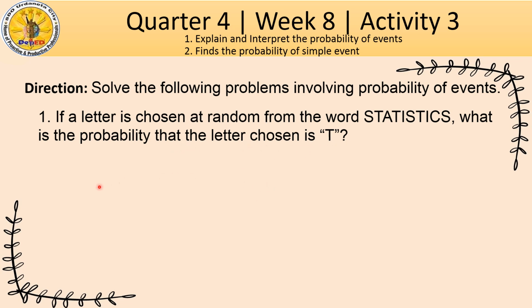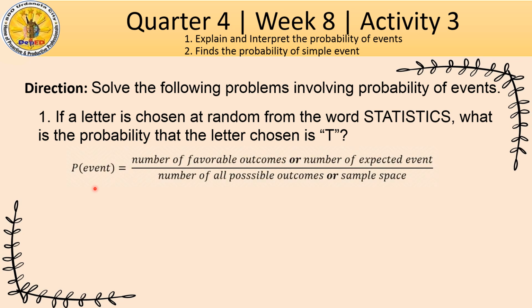Okay, so remember first the formula in finding the probability of a simple event. So take note that on the numerator, we will write the number of favorable outcomes or number of expected events, and on the denominator, we will write the number of all possible outcomes or the sample space.